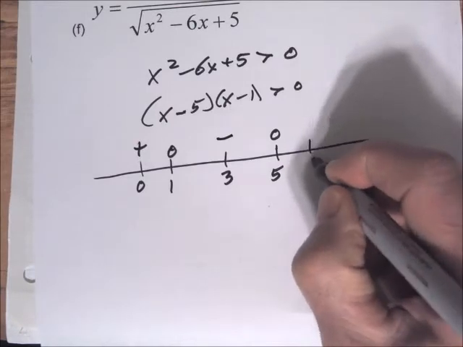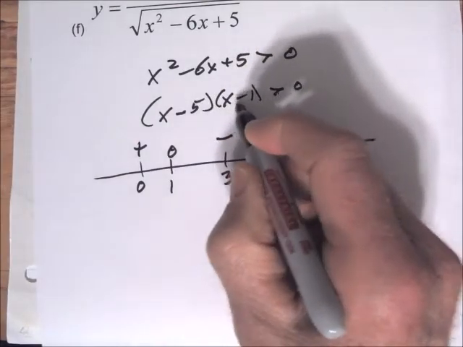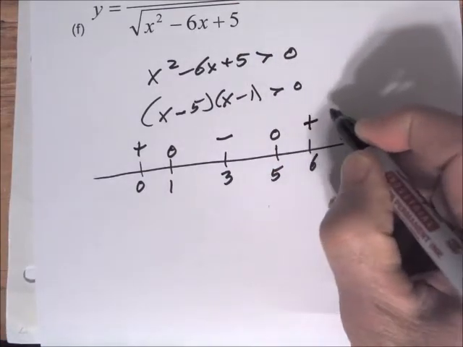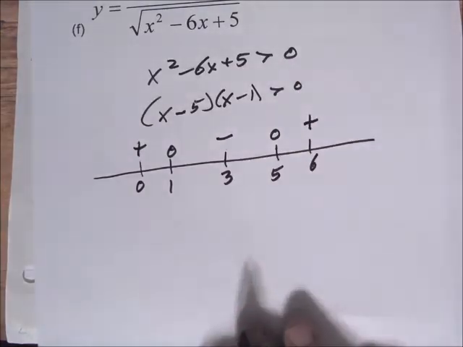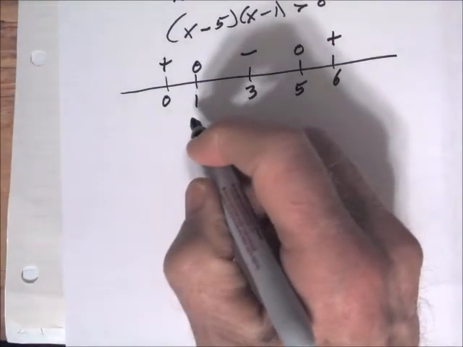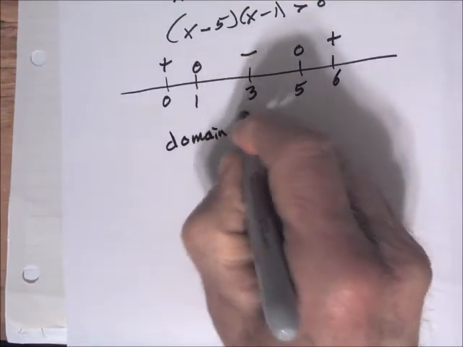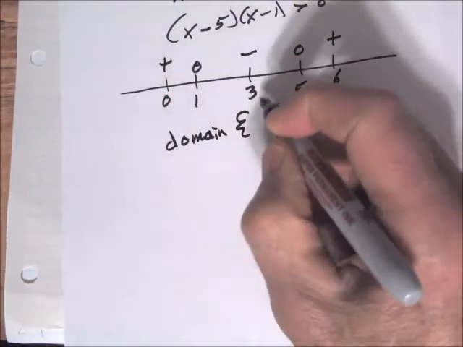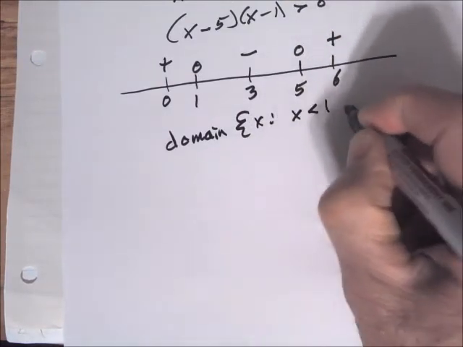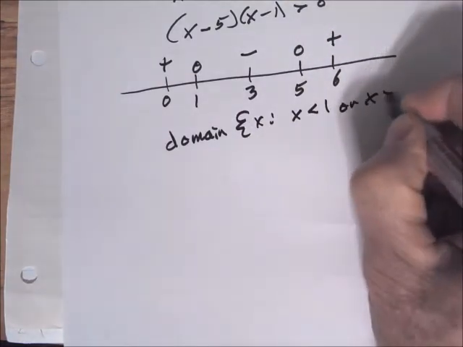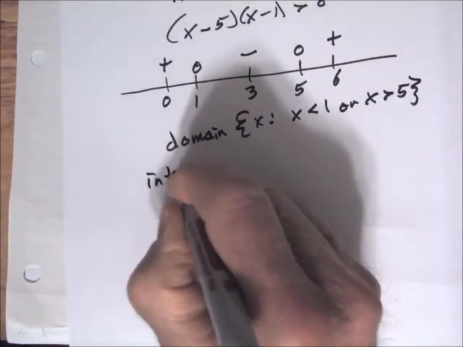Do a test point bigger than 5, 6 minus 5 is positive, 6 minus 1 is positive, positive times positive is positive. So the domain is where it's going to be positive, x such that x is less than 1 or x is greater than 5. And you can express that in interval notation.